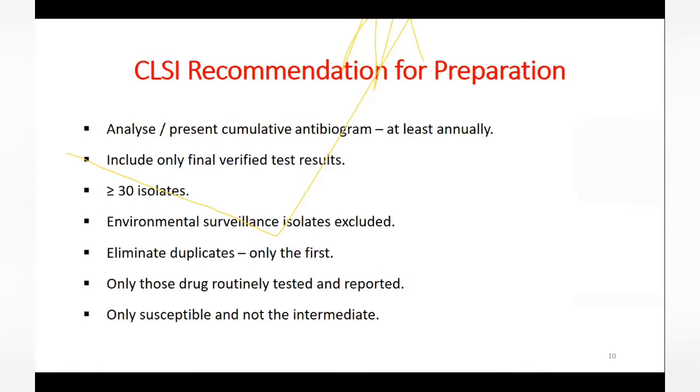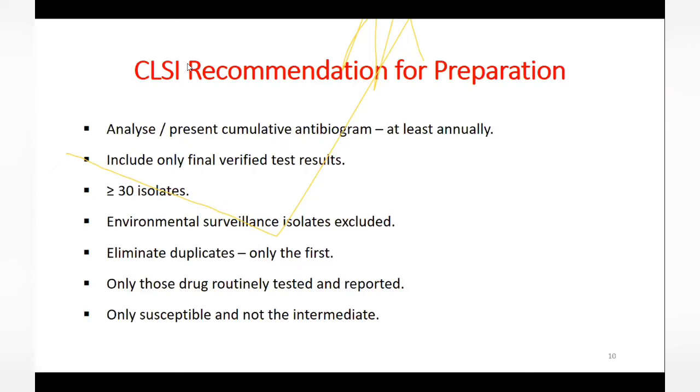Now, what does CLSI recommend for antibiogram preparation? Analyze or present the antibiogram at least annually. So on an annual basis, or if the antimicrobial susceptibility data is sufficient, you can prepare or analyze it every 6 monthly. Include only the final verified test results.